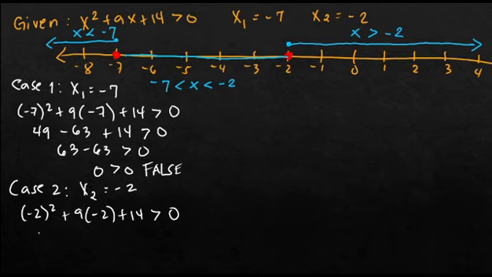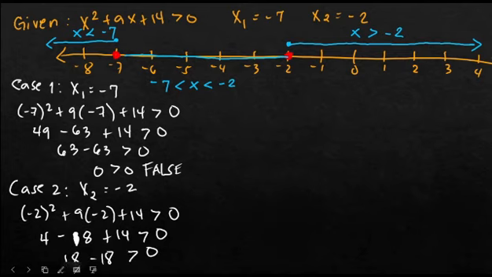Negative 2 squared is positive 4, 9 times negative 2 is minus 18, plus 14 greater than 0. Add up 4 and 14, that is 18, minus 18 greater than 0. So we have 0 greater than 0, which is also false.